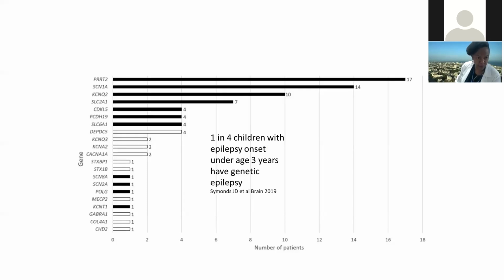PRRT2, SCN1A or Dravet syndrome, KCNQ2, which unfortunately starts very early and is a very devastating epileptic encephalopathy, SLC2A1, and then we have CDKL5, PCDH19, and SLC6A1 as the following group, TCAP2, okay? The other ones have become more rare, okay?